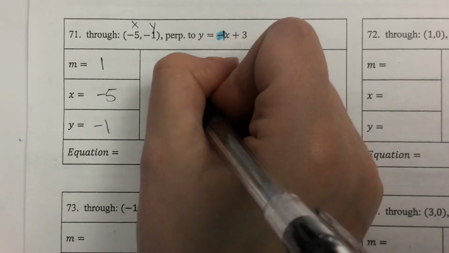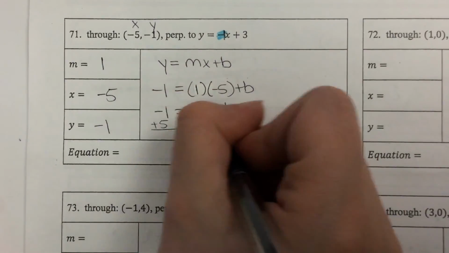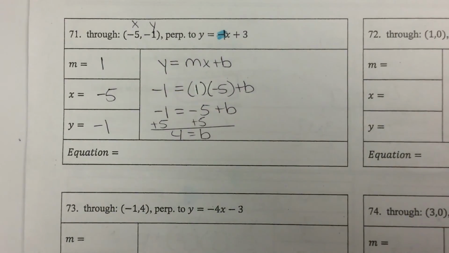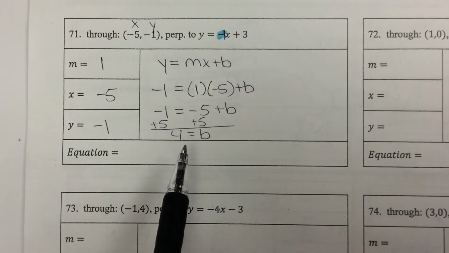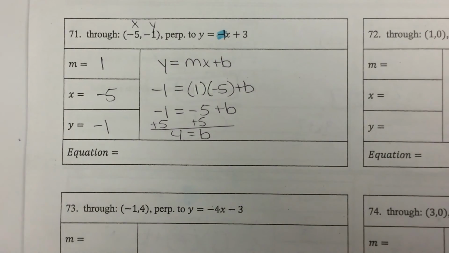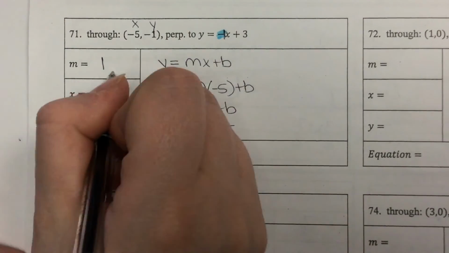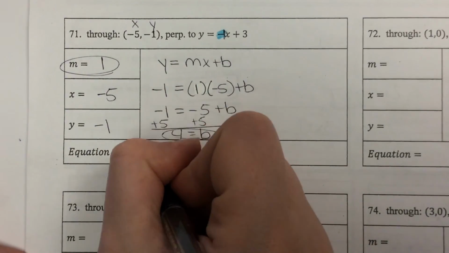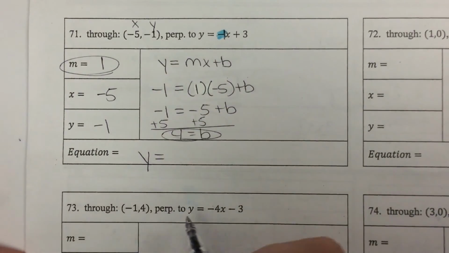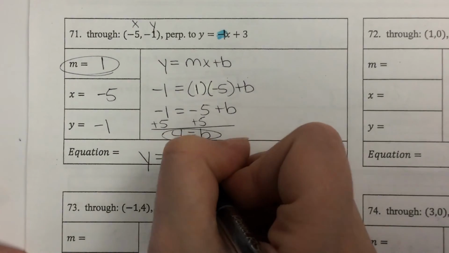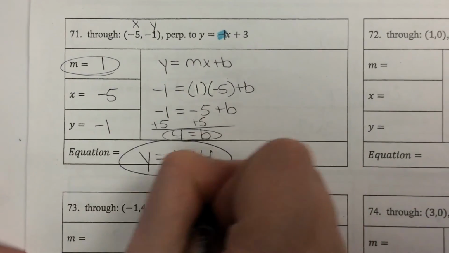Go. Okay, as long as you did your math correctly, you should have gotten b as 4. So now we have b and we've got m, so let's write our new equation. Y equals 1x, or just regular x, plus 4.